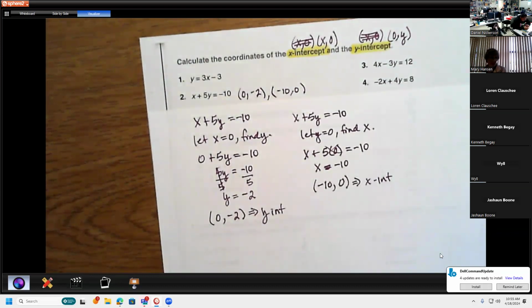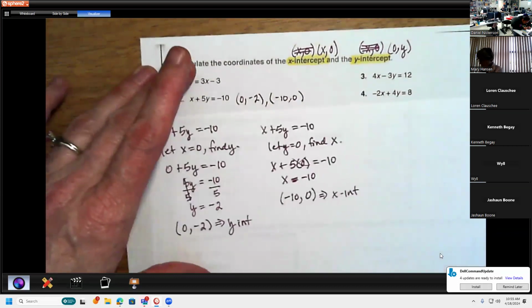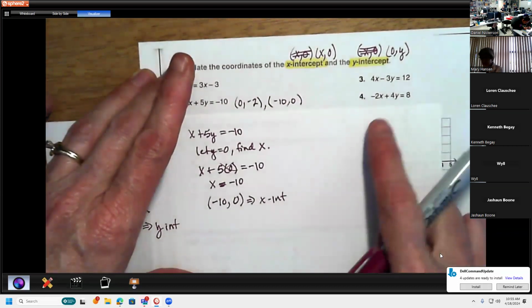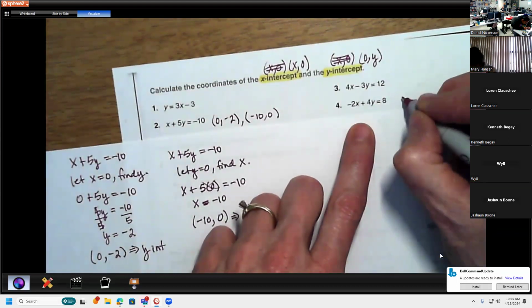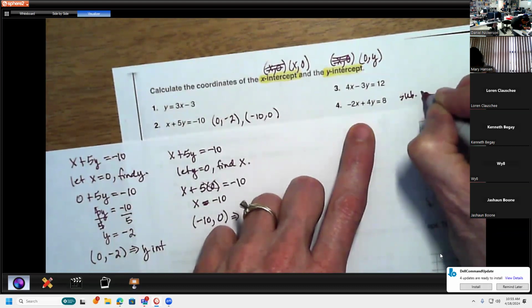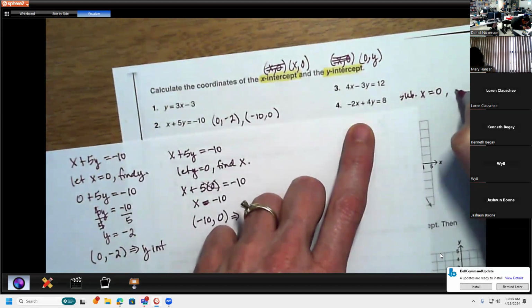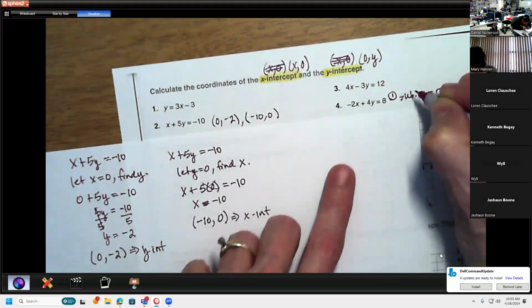Are there questions about how I got the answers for number 2? All right, well, why don't you try number 4? Find the intercepts for this equation. That means substitute x equals 0, find y. That's your first task.